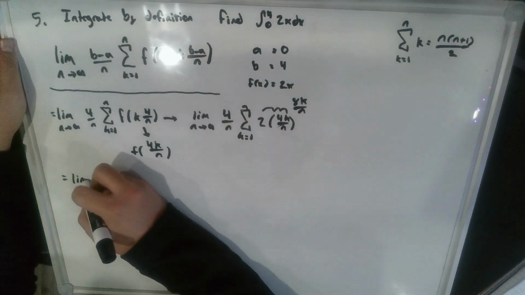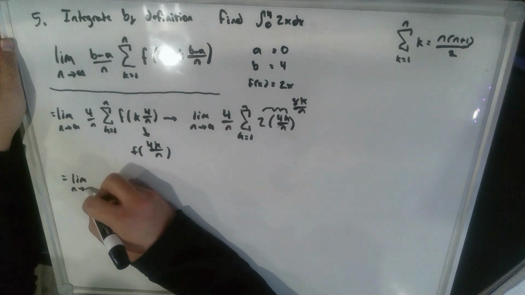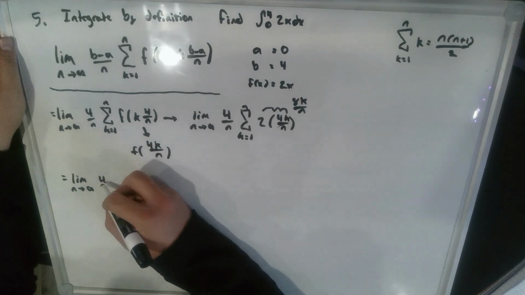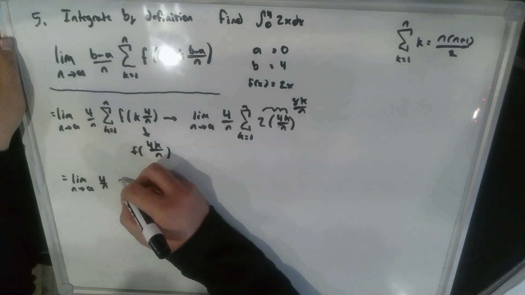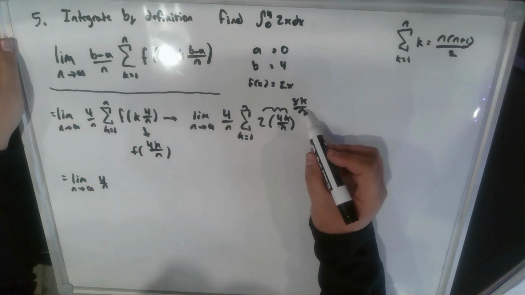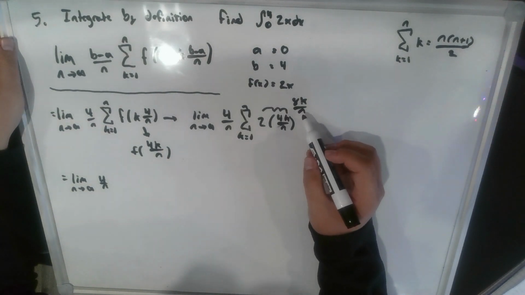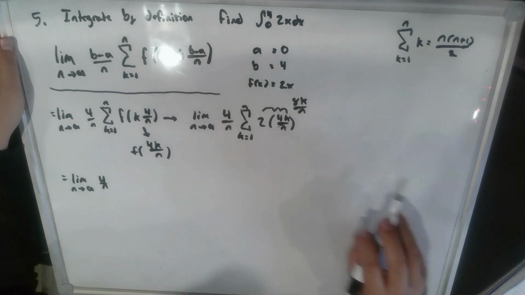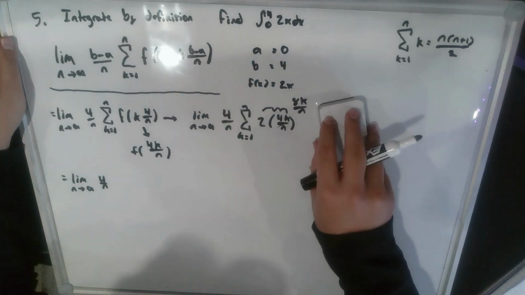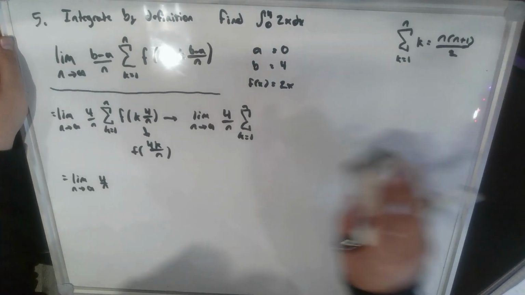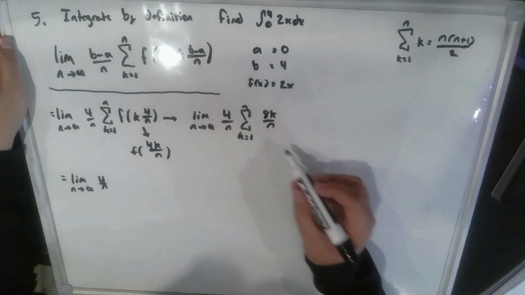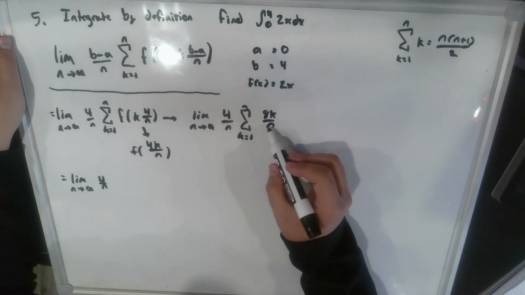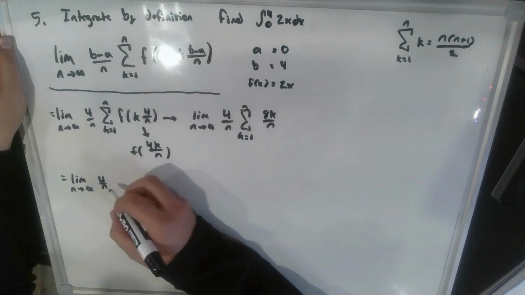This simplifies into the limit as n approaches infinity of 4 over n. And then you can pull out, since this is a constant, I can rewrite it to make it nicer, 8 over n. So this 8 over n can be pulled out because we just need the k alone.